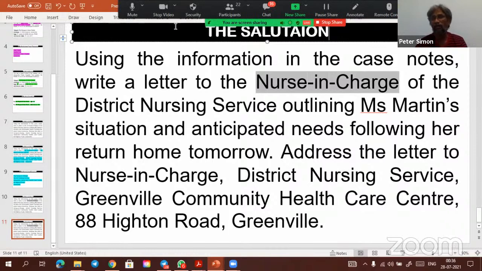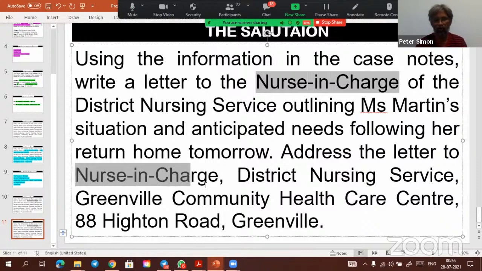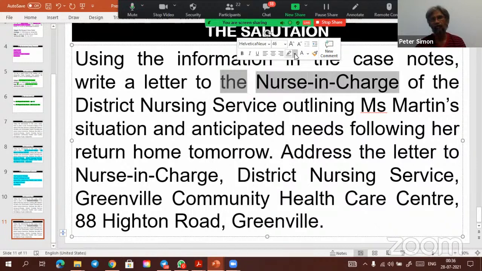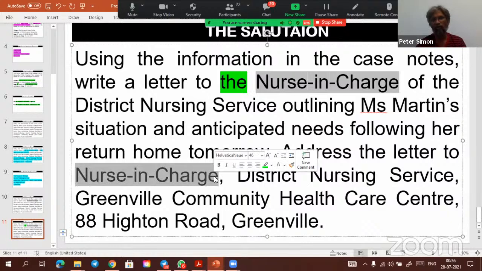Because the word "The" came from here and was added to nurse in charge. See here. If you see only here, you will miss that one. But if you see here, you will get that one. If you take only from here, it will be nurse in charge.